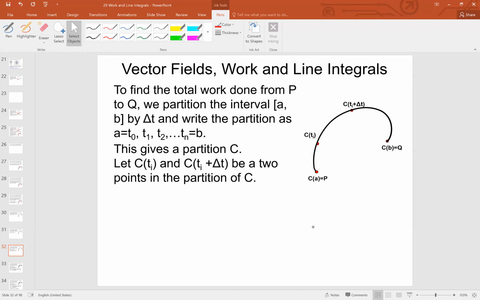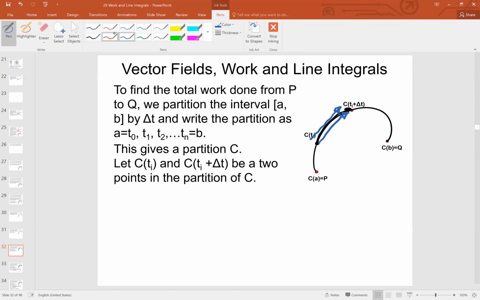We cut the variable t into little partitions, and between t_i and t_{i+1}, the object is displaced from here to here, but we pretend it's displaced in a direct line fashion, and I can approximate this with a tangent line, if you like.